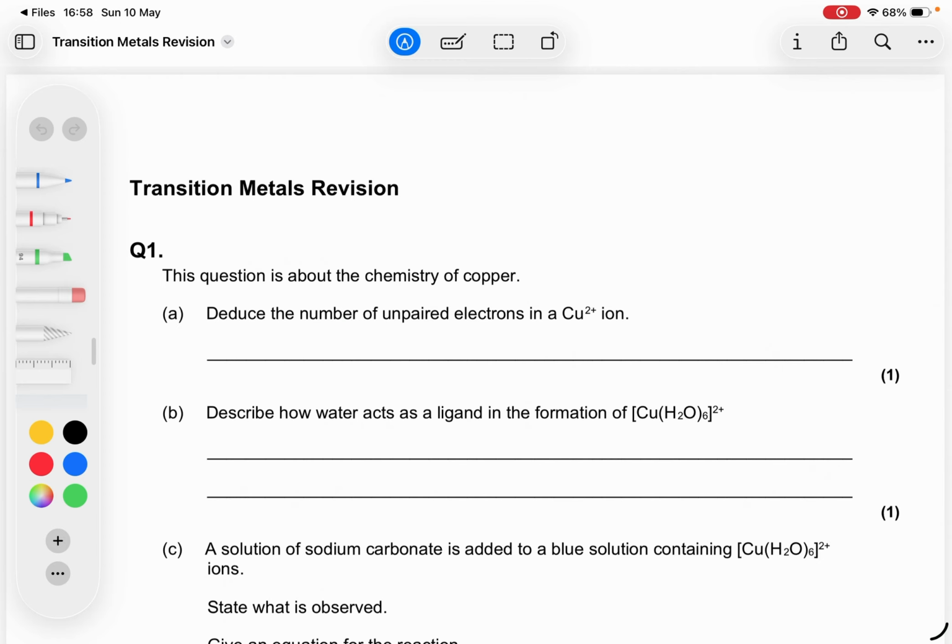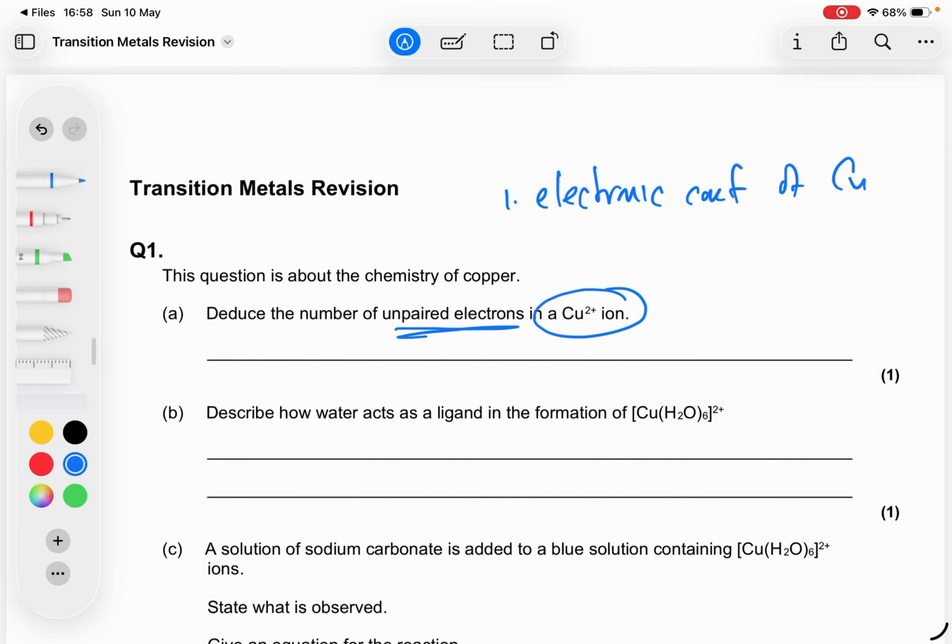transition metal chemistry, and the first thing I want to focus on is electronic configuration. The question says: deduce the number of unpaired electrons in copper 2+. My advice, number one, is do the electronic configuration of copper.